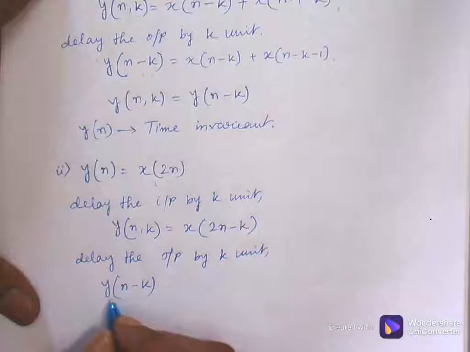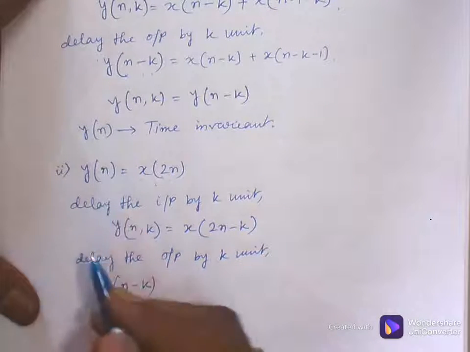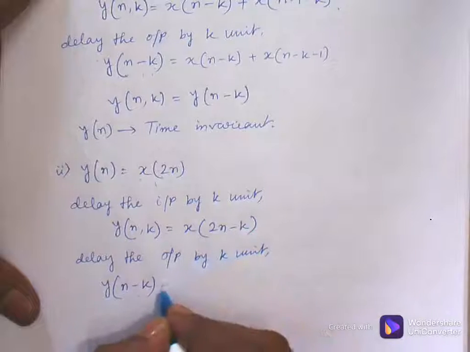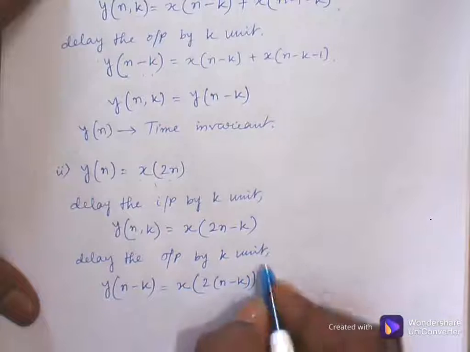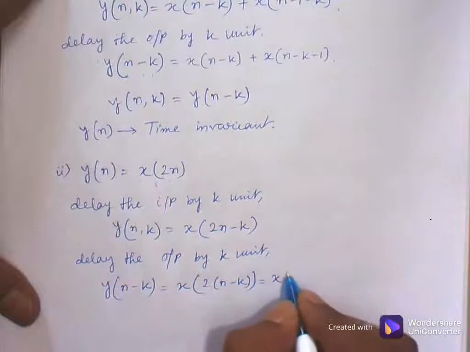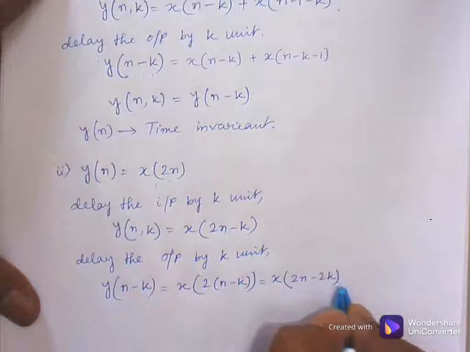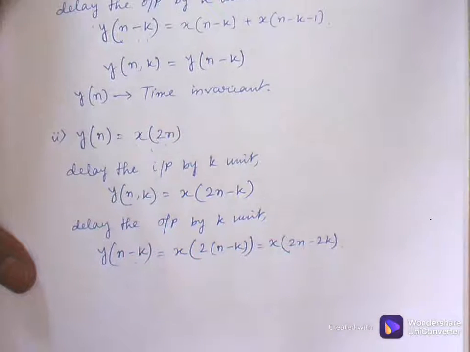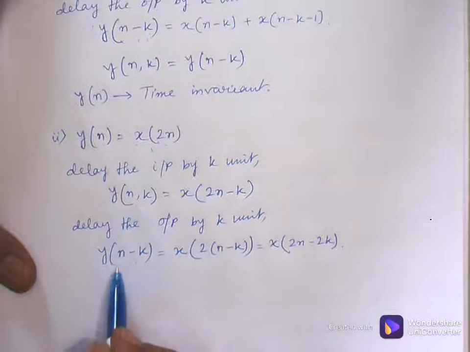So here y is x of 2n, x is a function of n, y is a function of n. So now n minus k. So entire n will be replaced by n minus k. So x of 2 times n minus k, so it will give you x of 2n minus 2k. Now compare y of n comma k and y of n minus k.